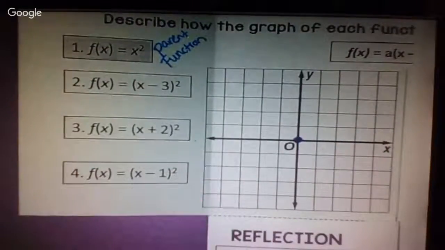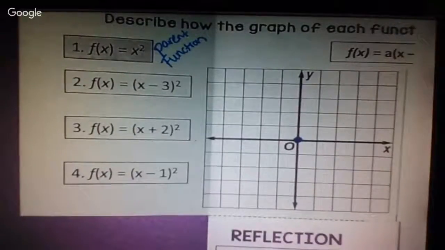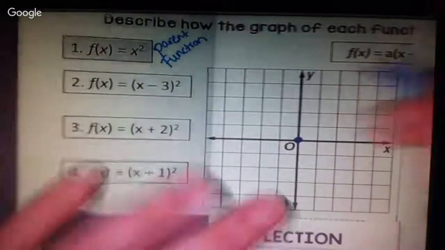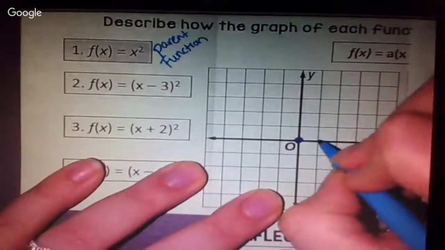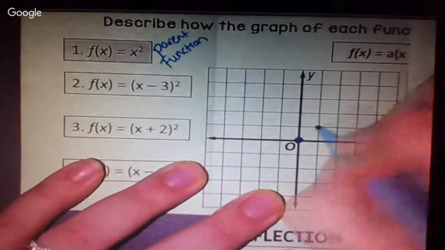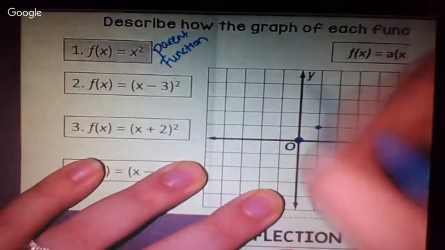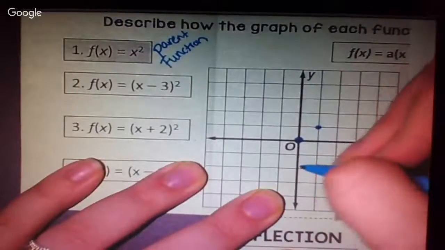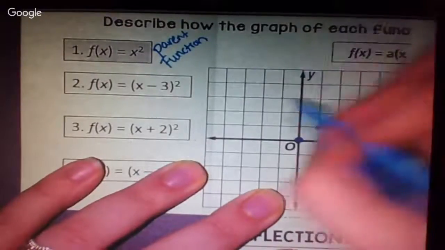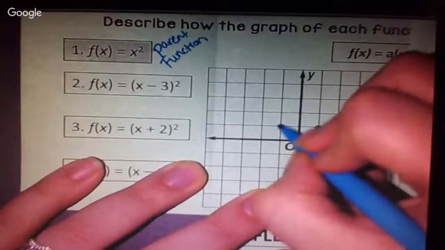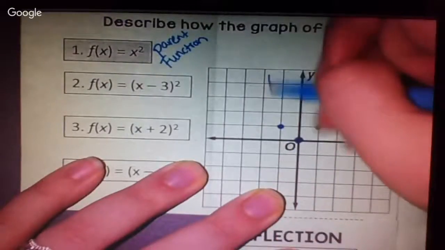Your parent function has a point at the vertex. From the vertex, you have a point that's to the right and up one. And remember, at the vertex, we have a line of reflection. So that means I have a point to the left and up one. So here's your parent function.